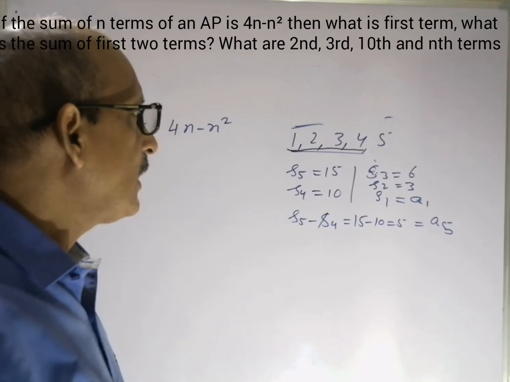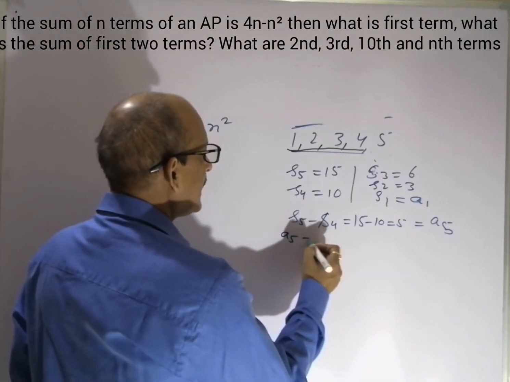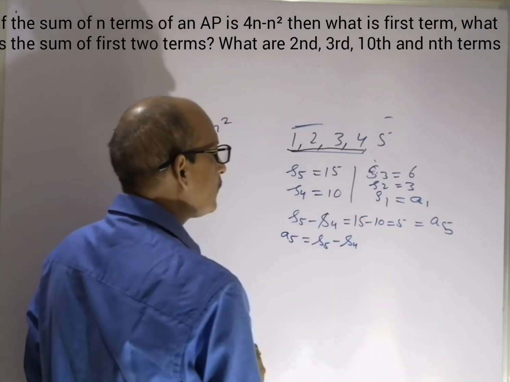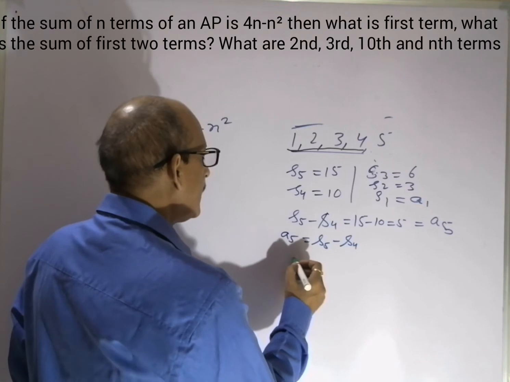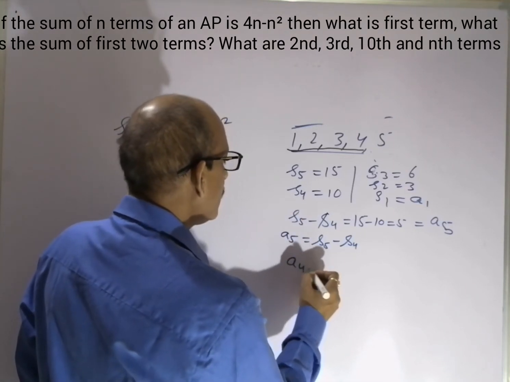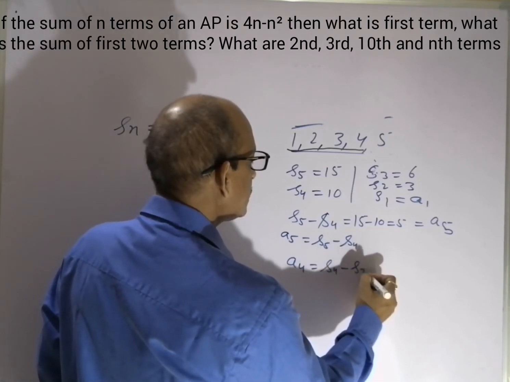So here one relation we have seen: A5 is equal to S5 minus S4. Another one, if you want A4, we'll have S4 minus S3.